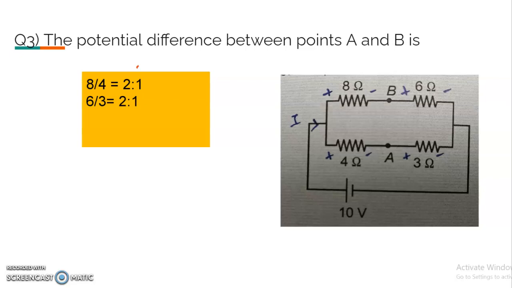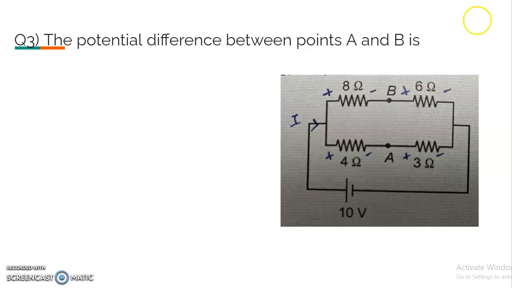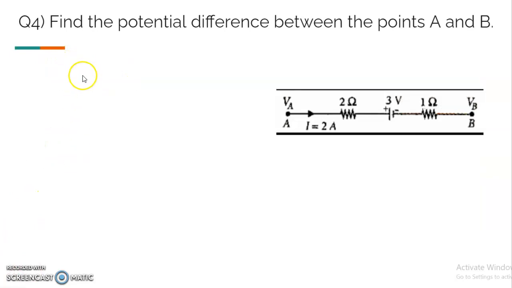Now let me tell you one thing: whenever the ratios of these resistances are the same, the potential at the points A and B is also the same, and hence they have no potential difference, and it will be a total of 0 volt. That's it. Okay, 0 volt. Now moving on to the next question.